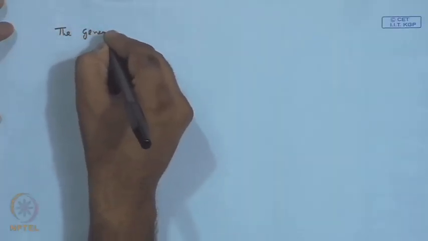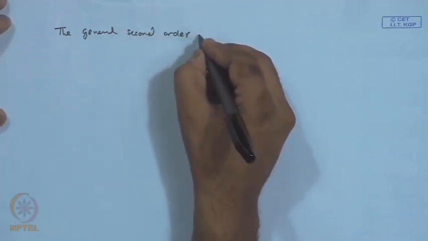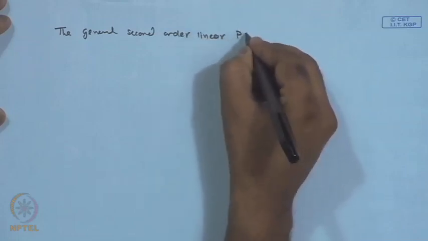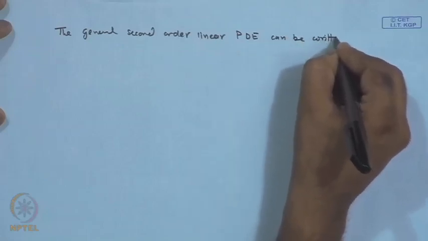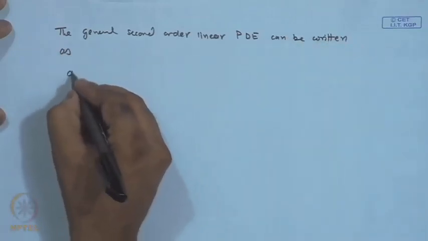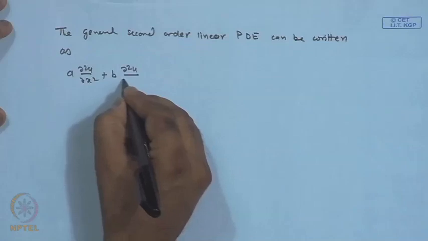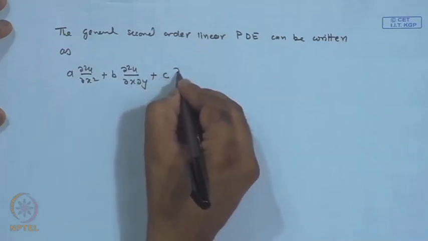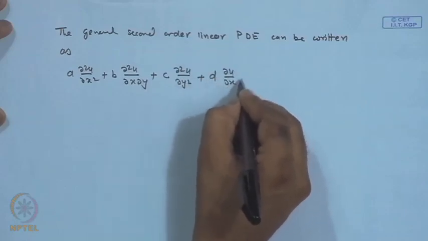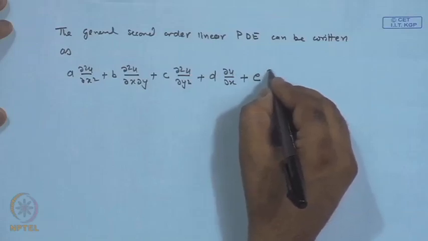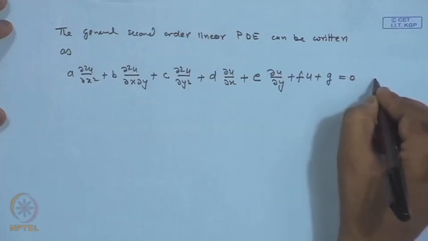So, the general second order linear partial differential equation, PDE, can be written as a del 2u over del x square plus b del 2u over del x del y plus c del 2u over del y square plus d del u over del x plus e del u over del y plus f u plus g is equal to 0.